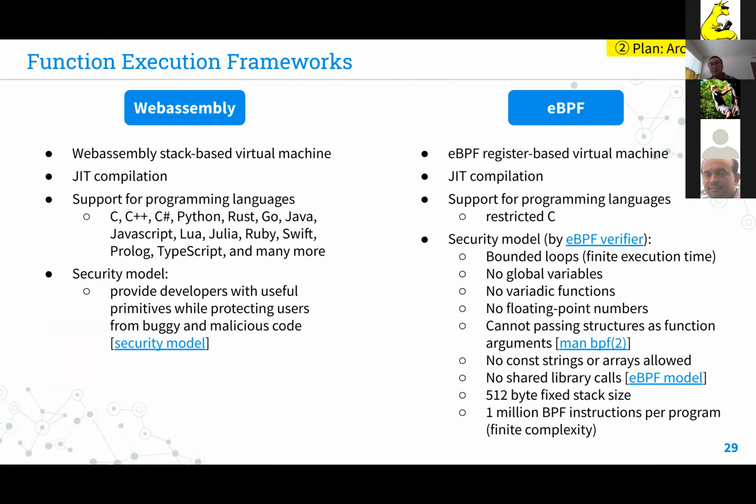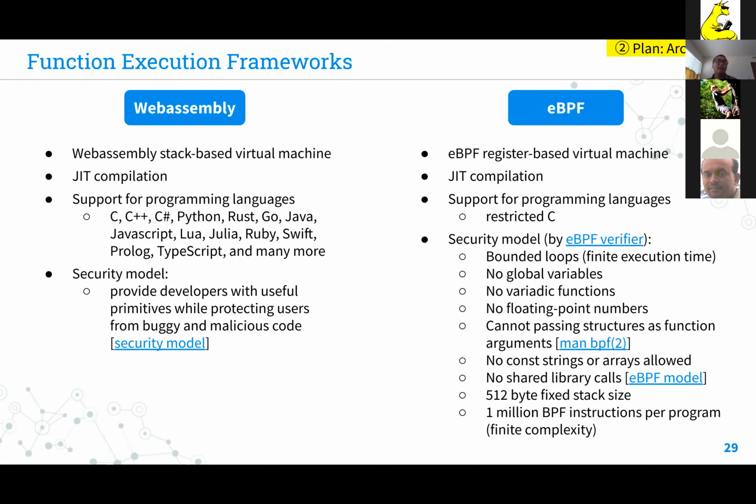For the eBPF program, right now we can only use restricted C to program it, which means when you write an eBPF program with restricted C, you can only use bounded loops. You cannot use global variables. You cannot use floating point numbers. You cannot use constants. You cannot even call functions that reside in a shared library. And it also has some strict limitations on the complexity of the program you create for eBPF.